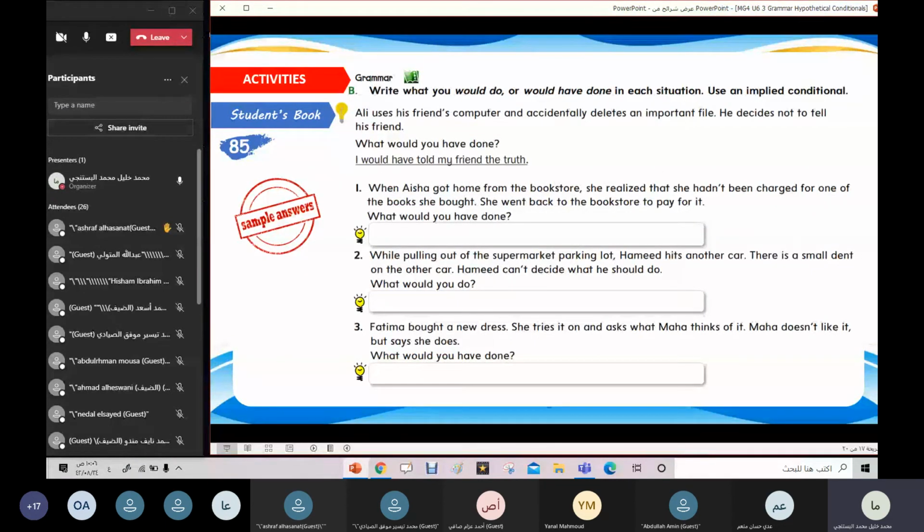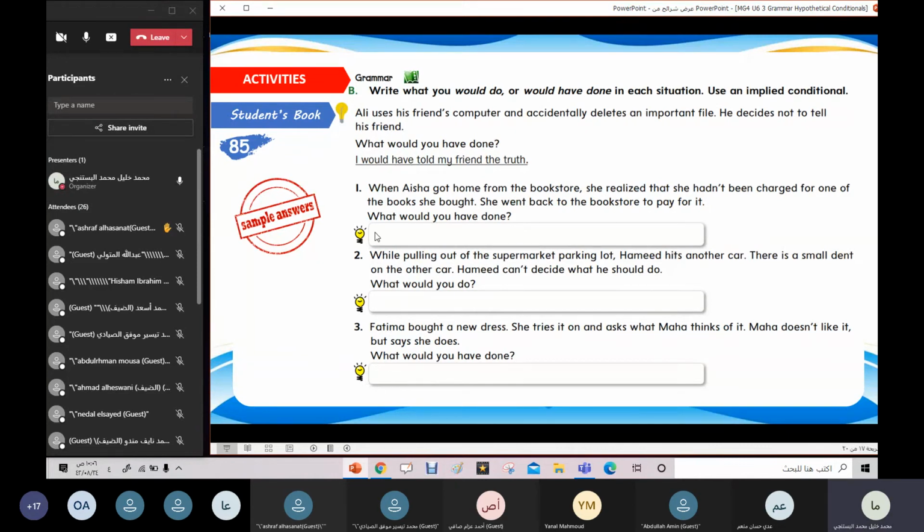Sometimes we will use the implied conditional sentences. Look at the example. Ali uses his friend's computer and accidentally deletes an important file. He decides not to tell his friend. Now, what about you? What would you have done if you were Ali? Here the example, I would have told my friend the truth.